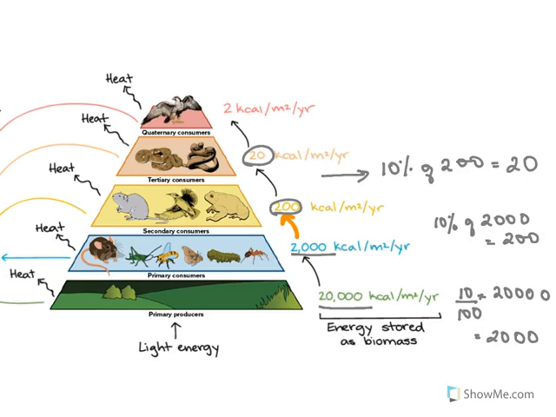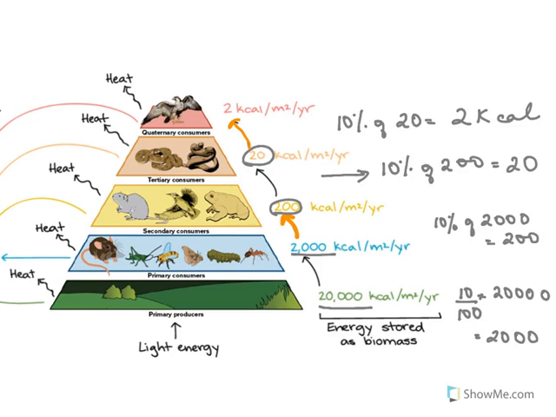Now to find out the transfer from the tertiary consumer to the next level, again you will do 10% of 20, and that is 2 kilocalories available at the last level. So as you go higher up, at a higher trophic level, the amount of energy available always decreases, and hence the population also keeps decreasing.